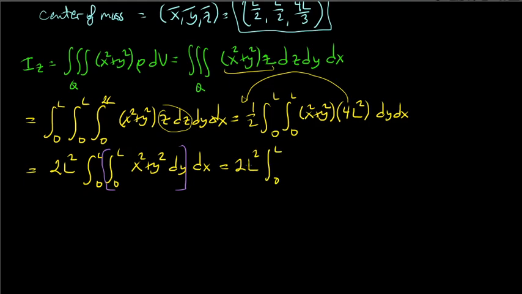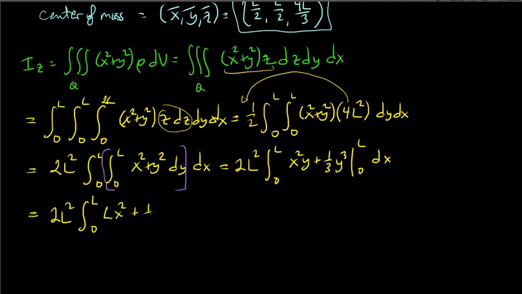When you integrate with respect to y, you get x squared times y plus 1/3 y cubed, evaluated between y equals 0 and y equals L. Remember, these are y's, so it's going to be Lx squared plus 1/3 L cubed.